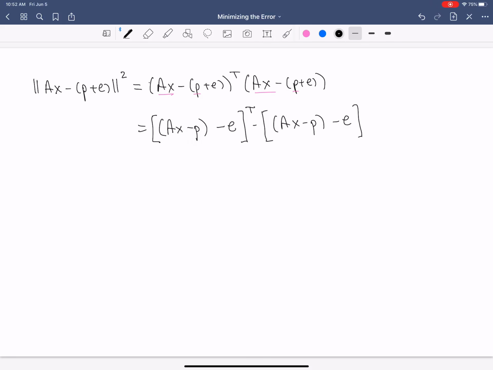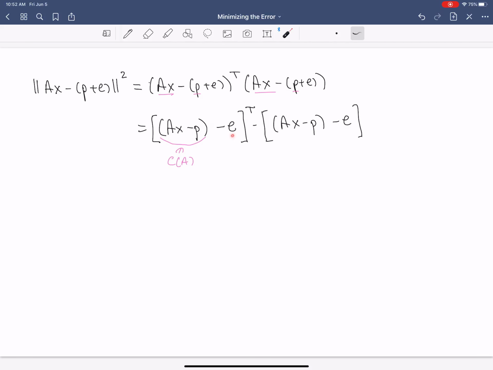Now, why did I do this? Because this component is in the column space of A. Remember, P was taken to be in the column space of A, and A times X, no matter what your choice of X is, gives you a linear combination of the columns of A. So this is in the column space of A. B might not be. In fact, B is not if this E is non-zero.